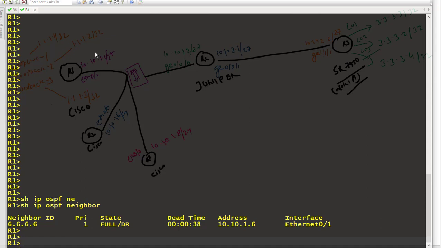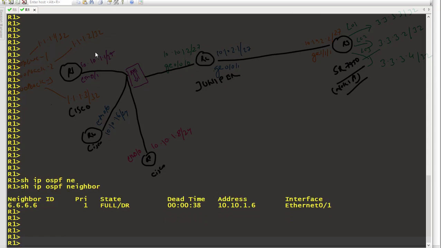So in that case also it should be my DR. The answer is no, because once a router in a segment is elected as DR, it will never change its position until the router is restarted. The DR is always the DR as long as it is alive in the network. Once it restarts, the BDR will become DR, and an election happens again for BDR. If both are rebooted, then a completely new election will happen.